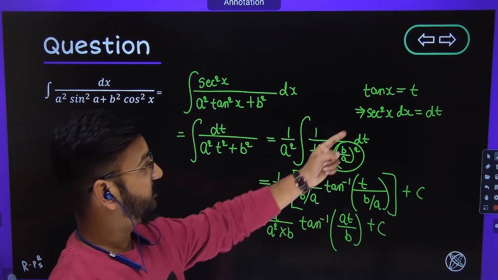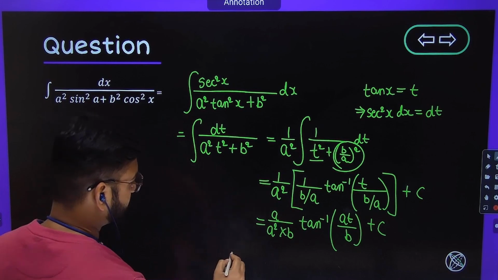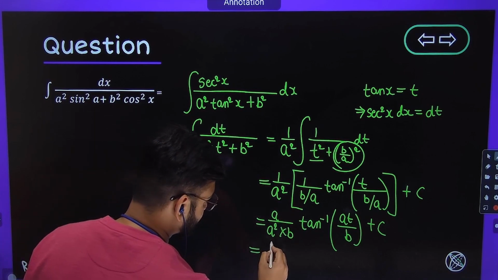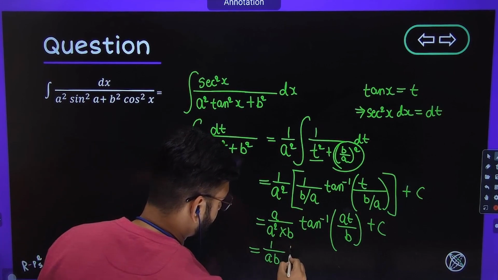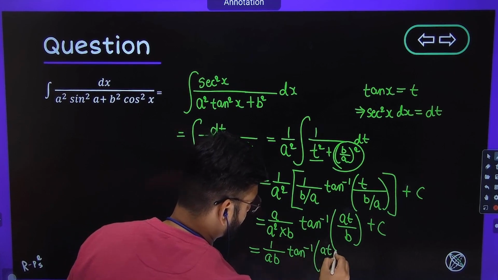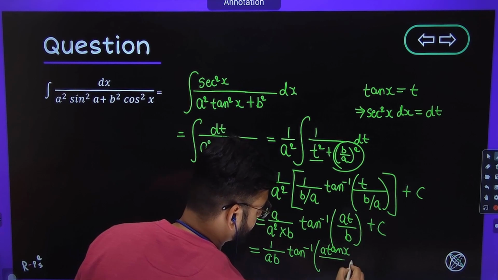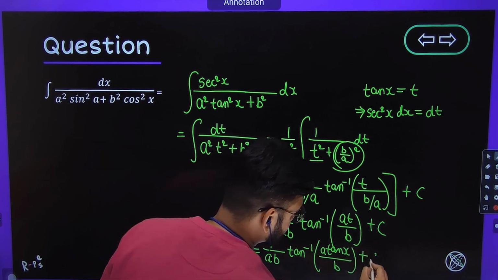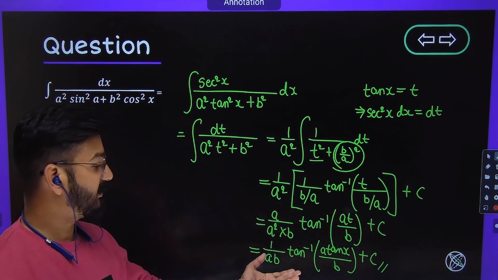Now what is t we assumed? We assumed t as tan x. Let's substitute. So the final answer, a and a get cancelled: 1 by ab tan inverse of a times tan x by b plus c. This is our final answer.